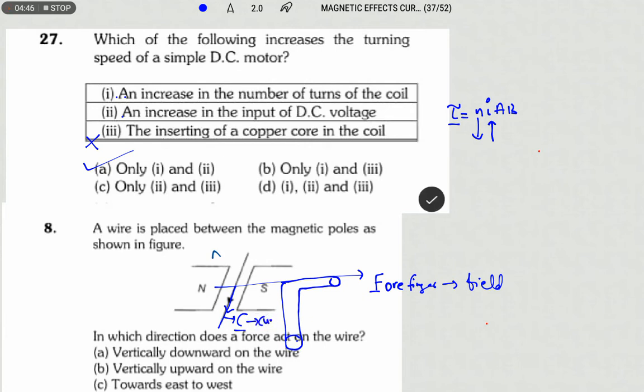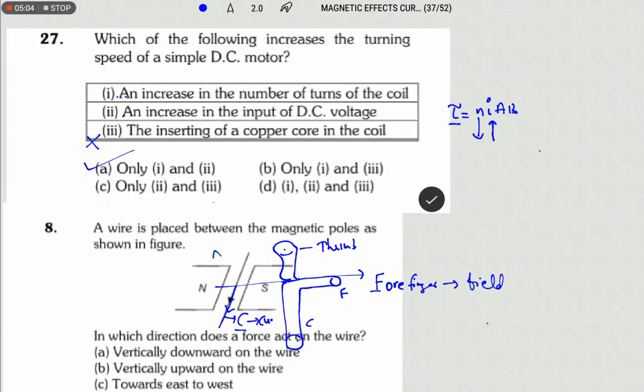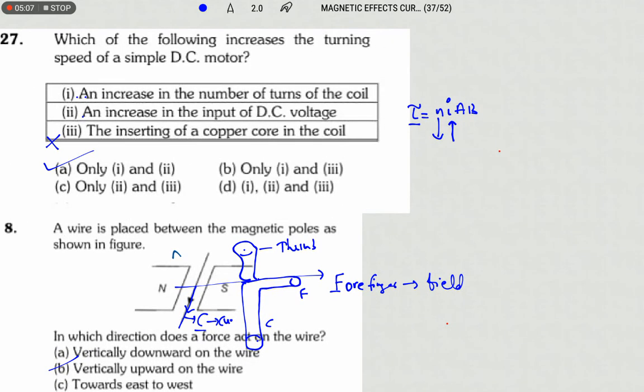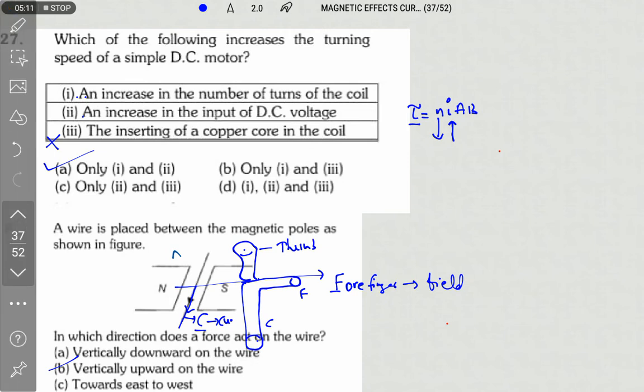Then these three, forefinger, central finger and thumb, will be perpendicular to each other. That is why the direction of the thumb gives the direction of the force acting on it. Therefore the force is vertically upwards on the wire. So option B is the correct one. Let us see the next one.